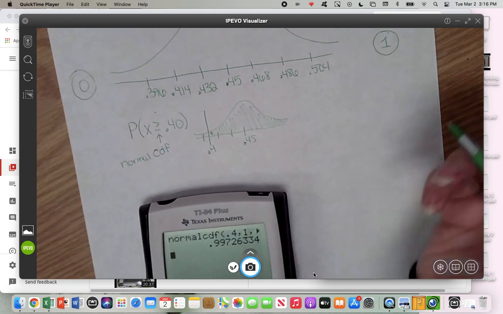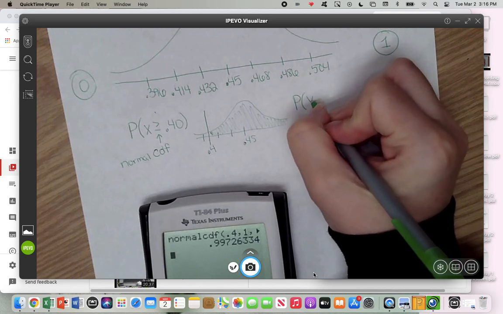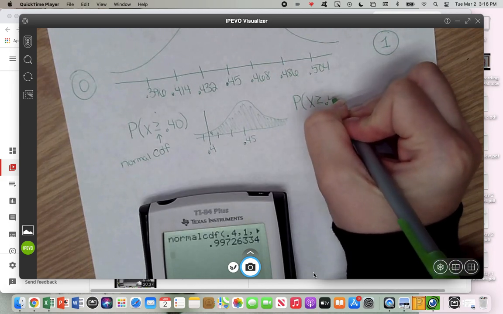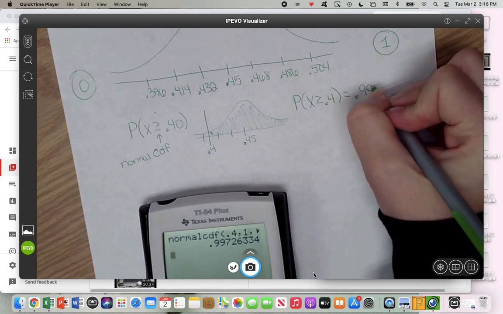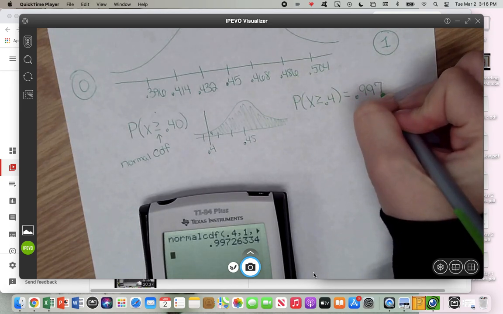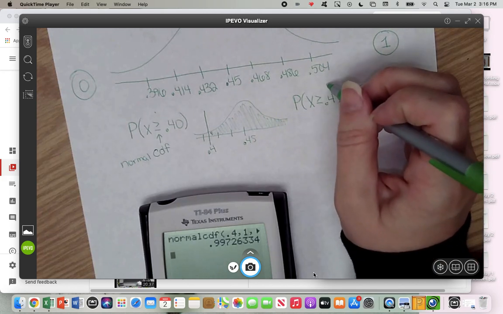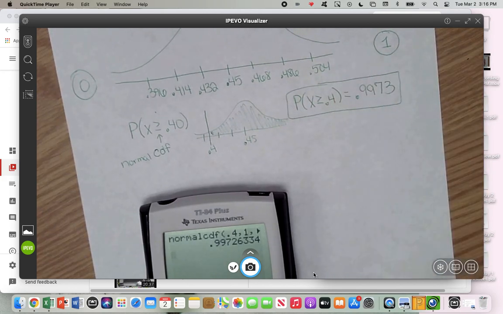And that gives us a probability when x is greater than or equal to 0.4 of 0.9973. You can do 3 or 4 decimals. I'm not going to be picky there. So that was an option.